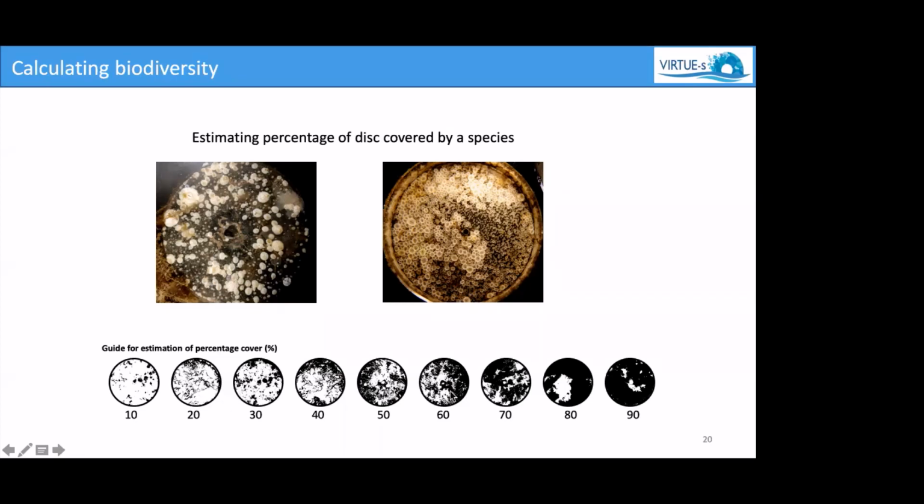So here are some guides. And then at least we also have bryozoans here in Kiel, and we can also estimate how much of the disc is covered by bryozoans. So that is one shortcut, an easier way to quantify what the students will be finding on the discs.